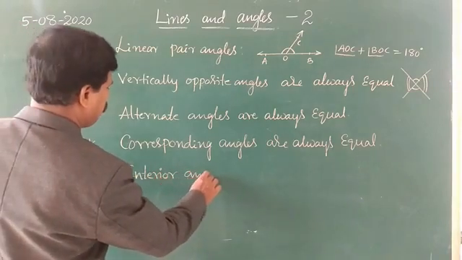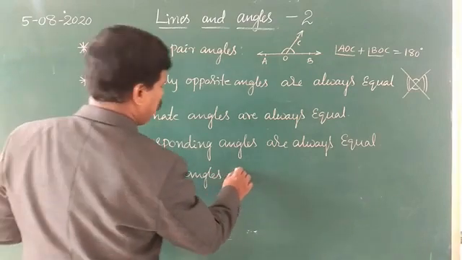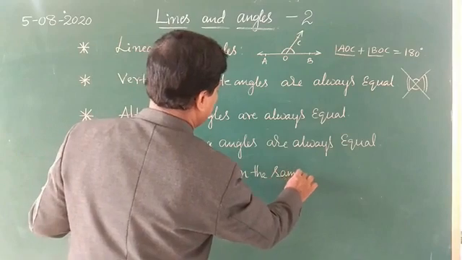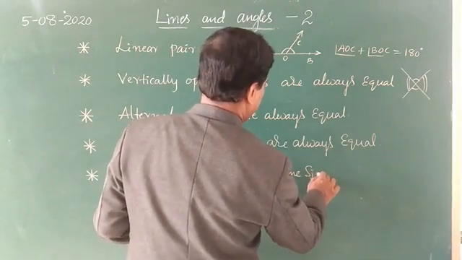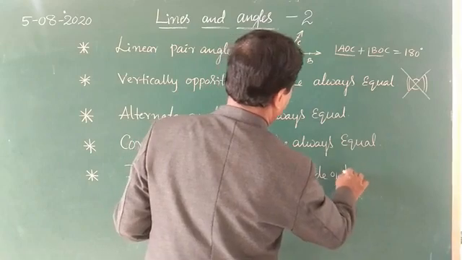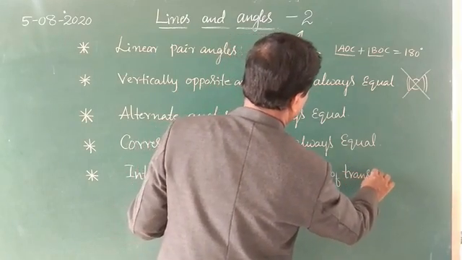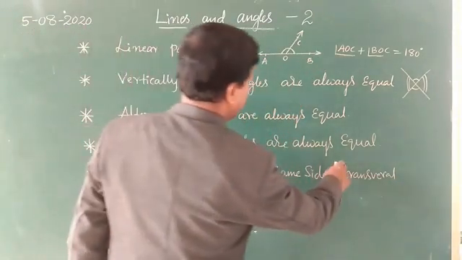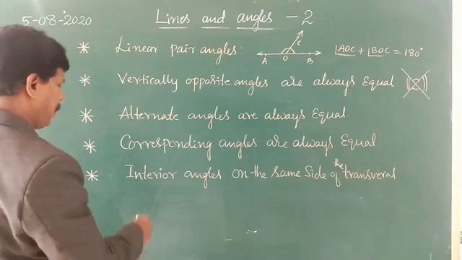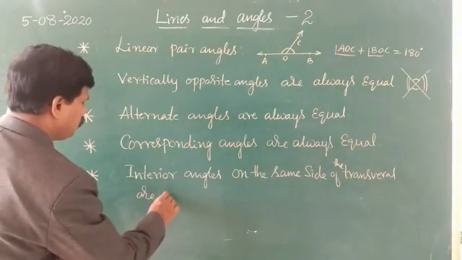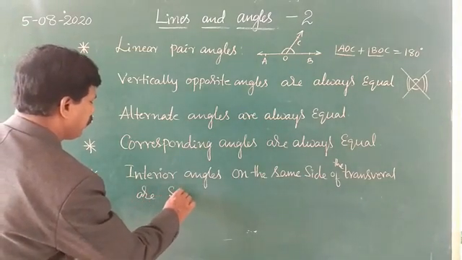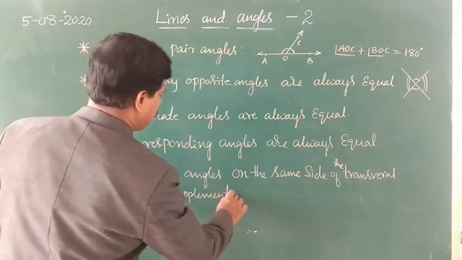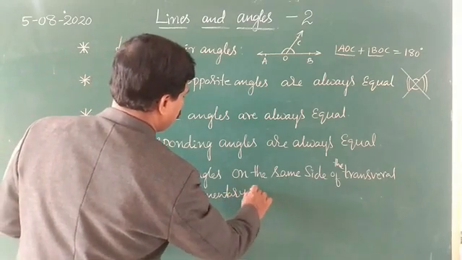Interior angles on the same side of the transversal are supplementary to each other.